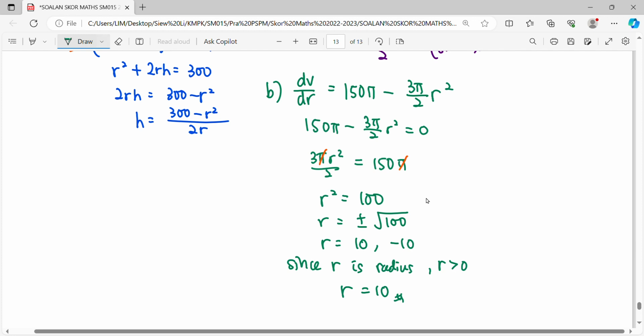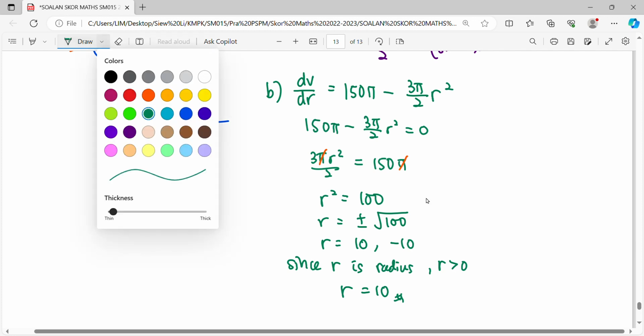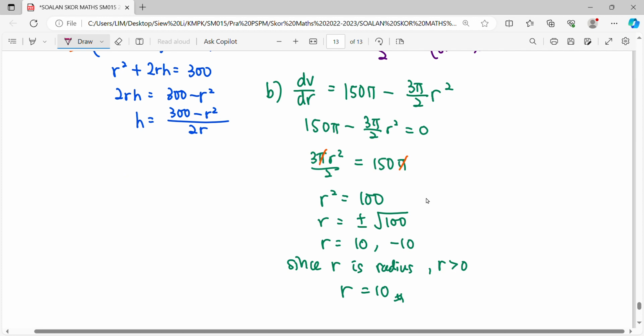To verify it, we use the second derivative test, or you can use the first derivative test also. For me, I will choose the second derivative test, differentiate again, differentiate V with respect to r. So differentiate this constant, 0. When we differentiate this, it will be negative 3 pi r. Then we substitute our critical number where r is 10.